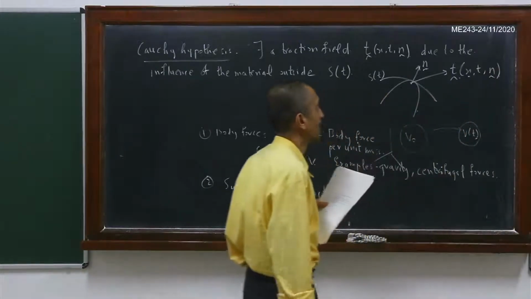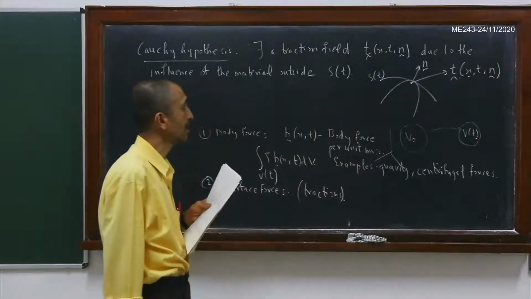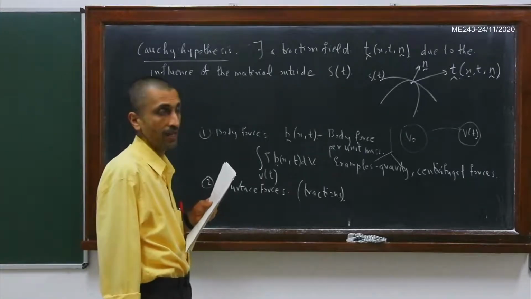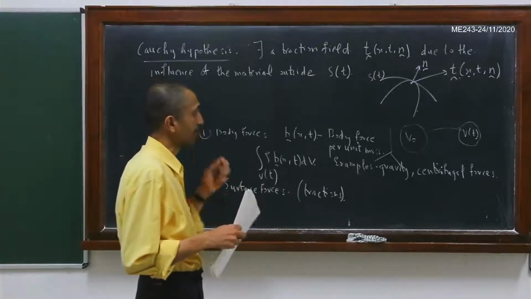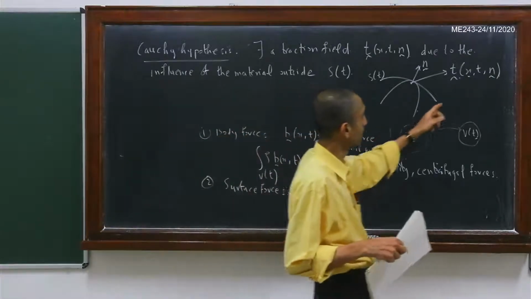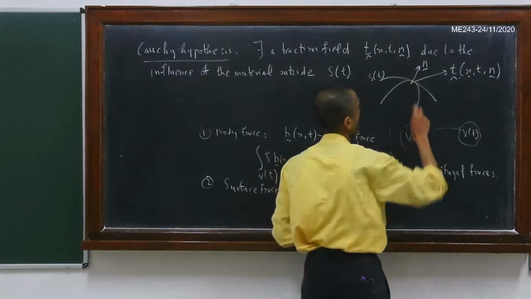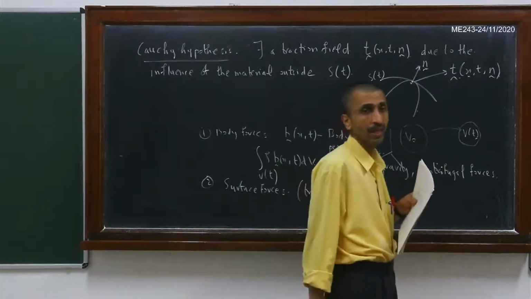This traction, which has the same units as pressure, acts on the surface, and it is dependent on the position vector at this particular point on the surface, time t, and also on the normal.